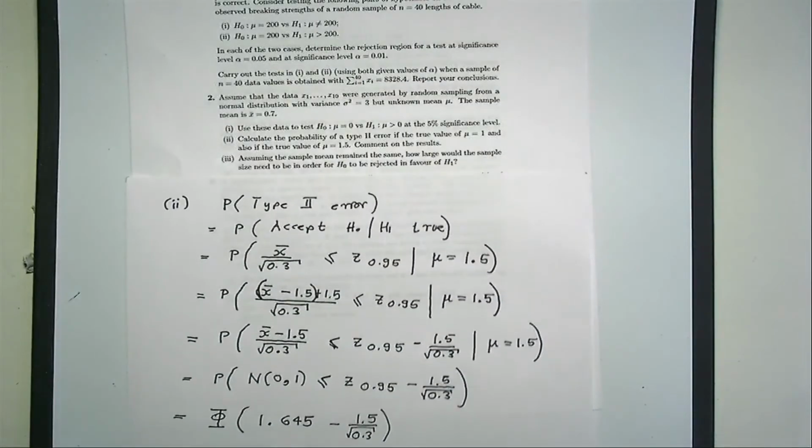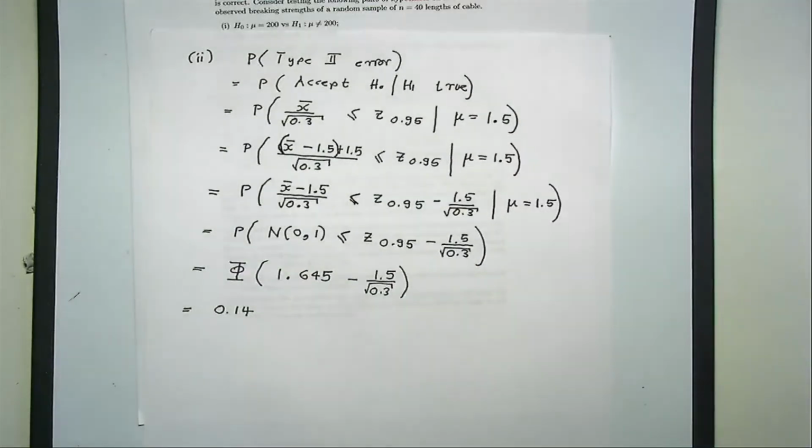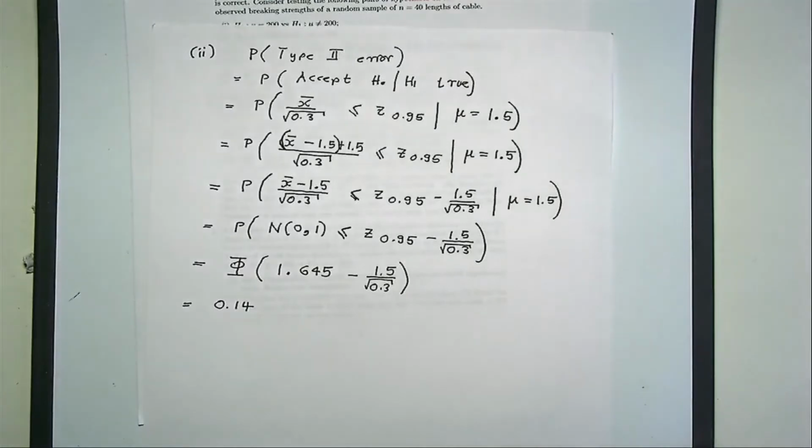Part 3 is assuming that the sample mean remains the same, how large would the sample size need to be in order for H0 to be rejected in favor of H1? Now you should go back to part 1.